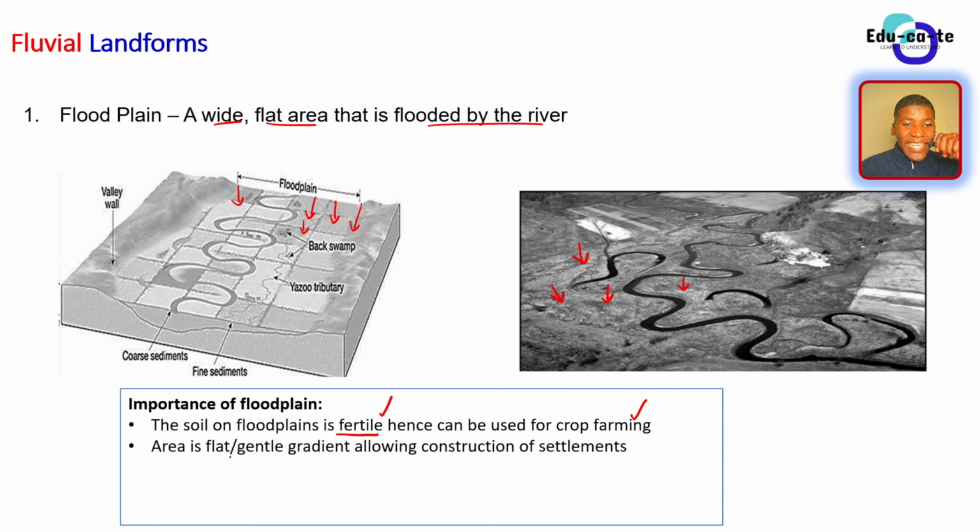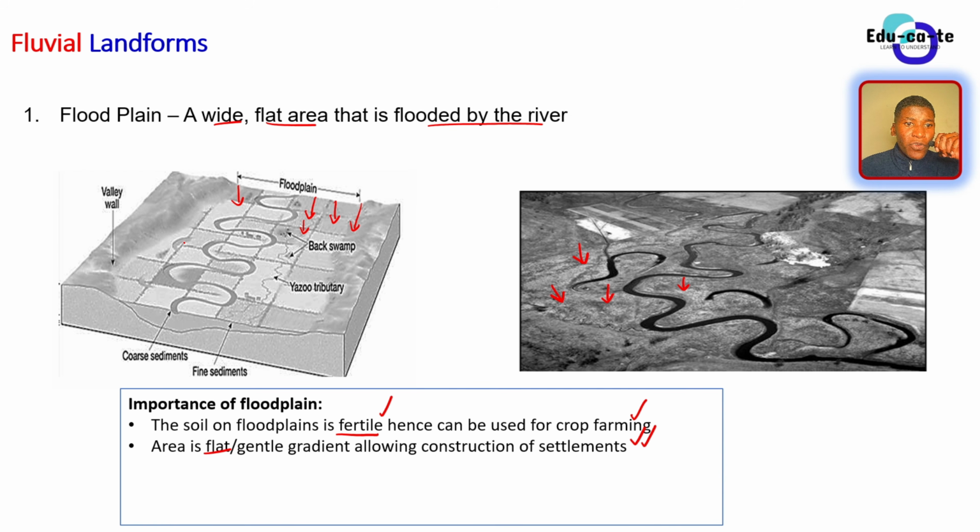Now, the area is flat, or we can say it has a gentle gradient. Since the area is leveled, we can actually construct settlements. It's easier for us to construct settlements on the flat plain, because some people actually stay next to rivers.